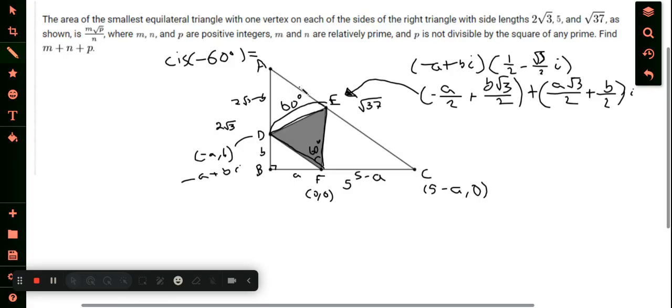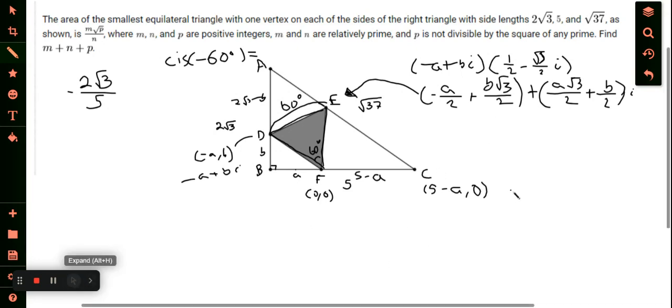And we know this is a right triangle, so E lies on AC here. Aha! We can write the slope of AC as negative 2 root 3 over 5. And E lies on this, so that means CE must have the same slope, and we already have all these coordinates which will allow us to do that. So what can we do?